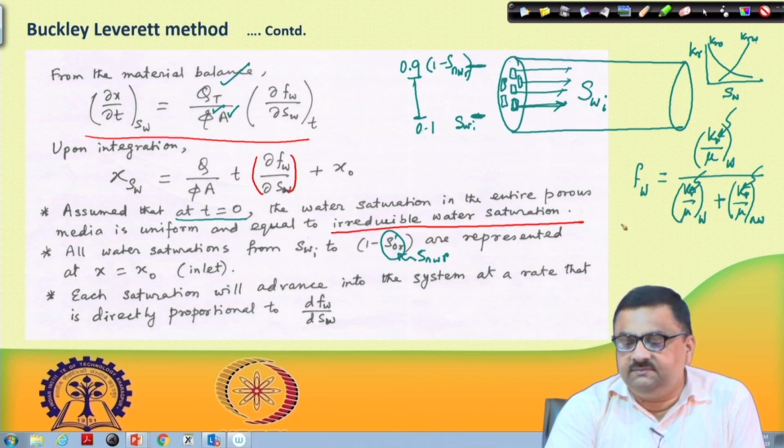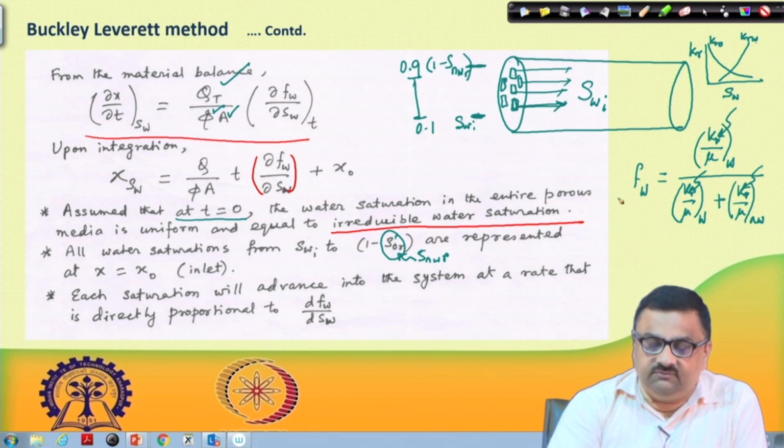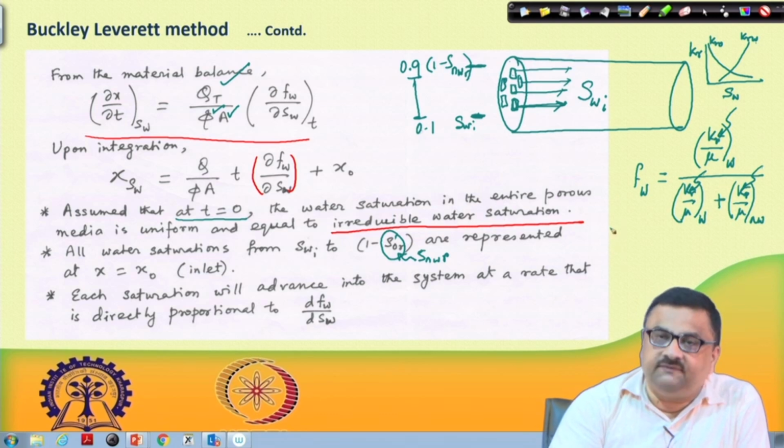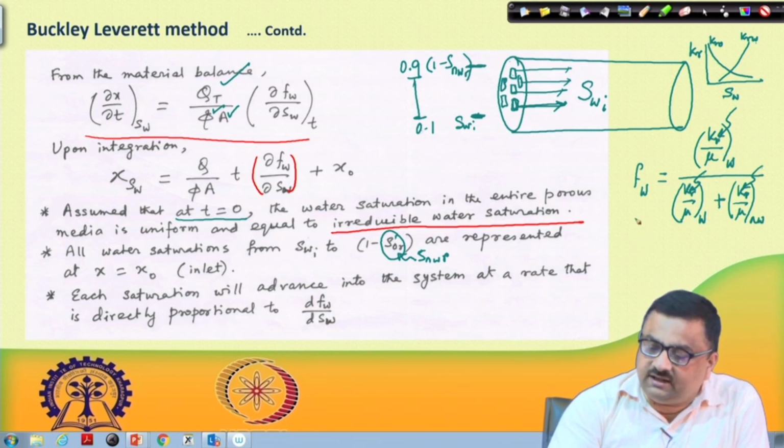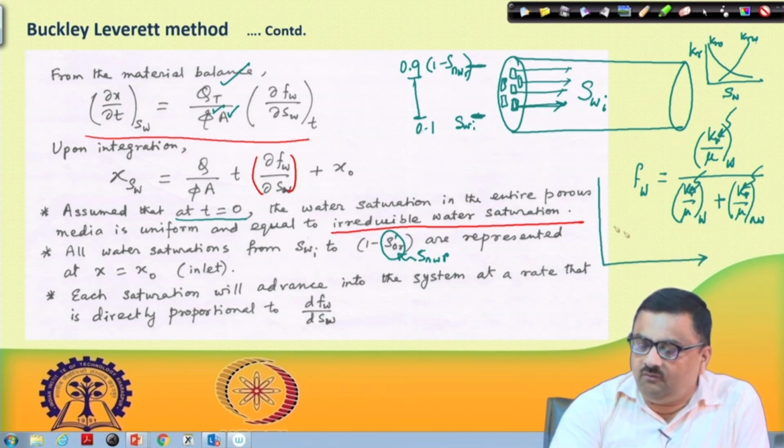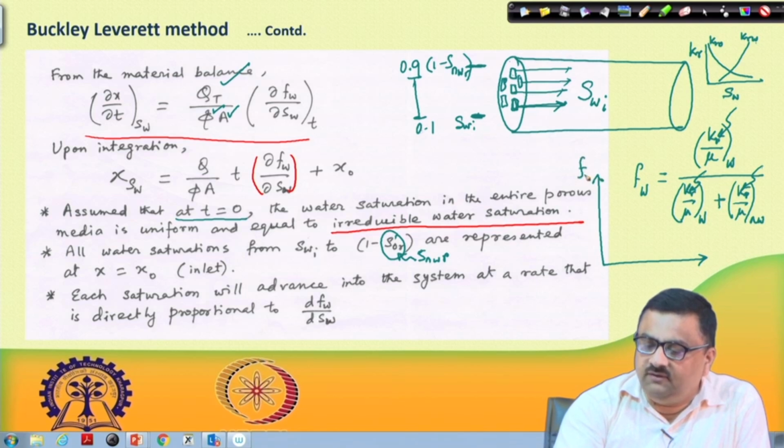FW is only a function of SW. So then we have some way of finding out FW as a function of SW, by using these relations, these correlations. Now, in fact, one can draw a plot of FW versus SW.